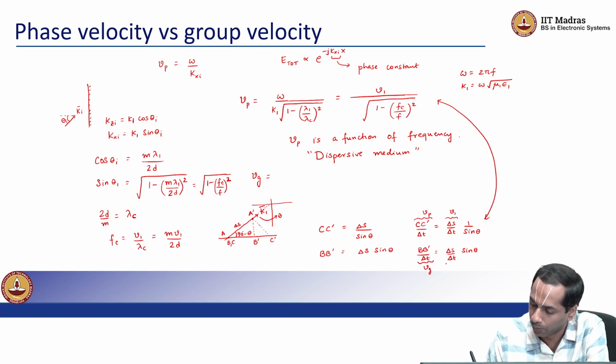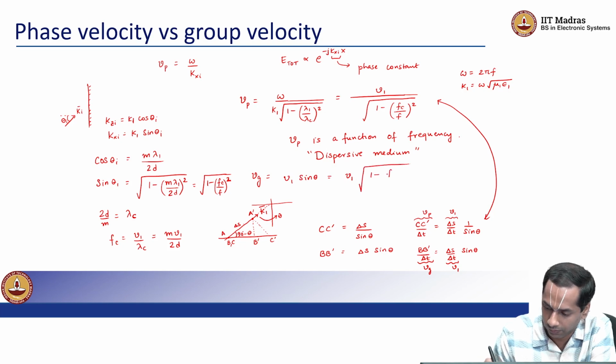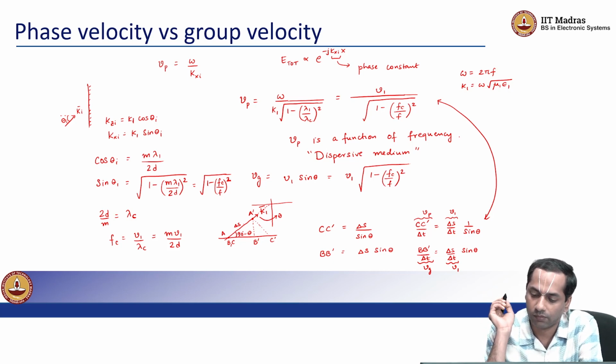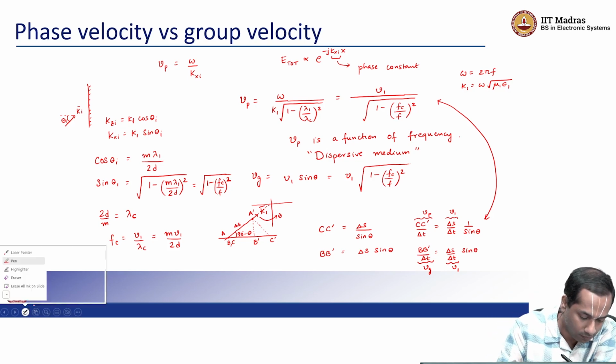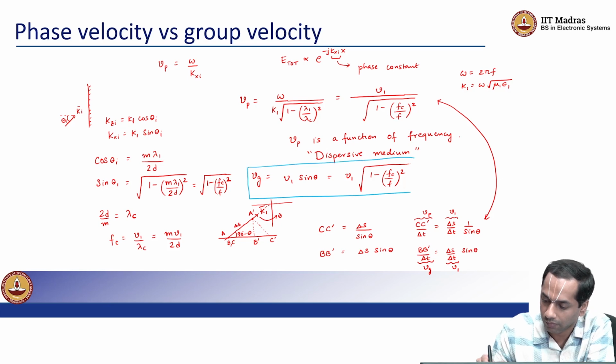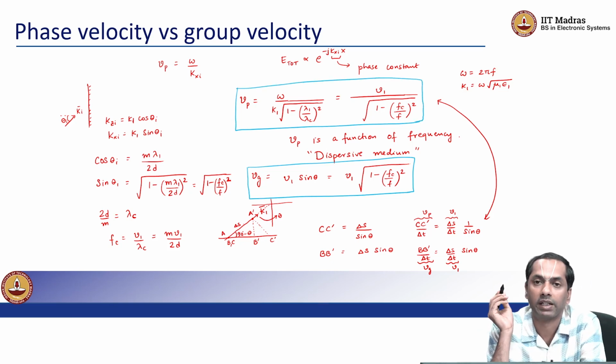Similarly for V group, we have v1 sine theta, which is v1 times the square root of 1 minus fc by f the whole squared. So we get expressions for the phase and group velocity.